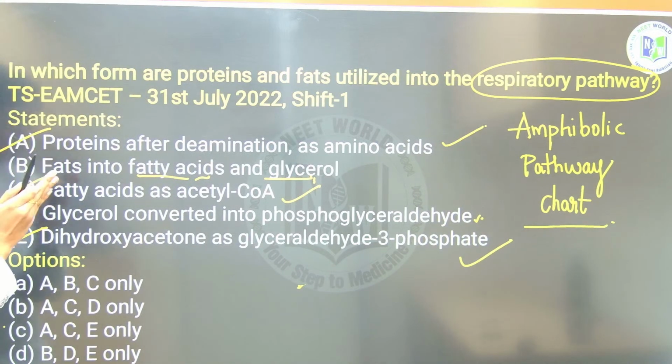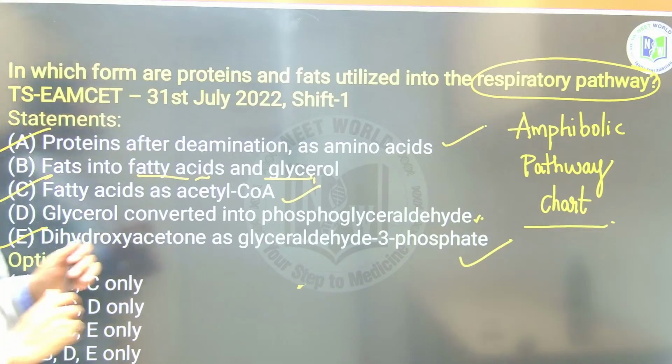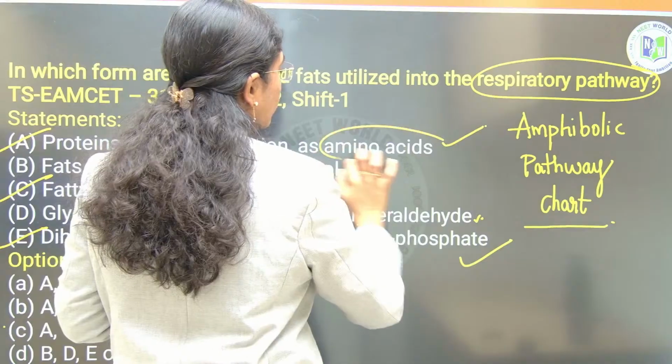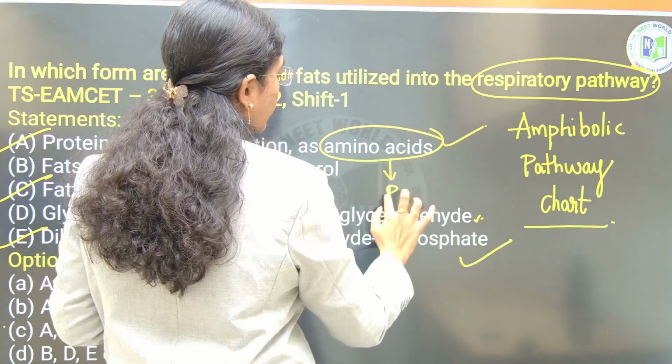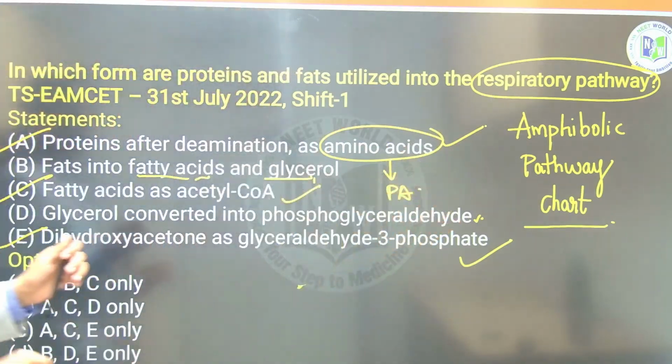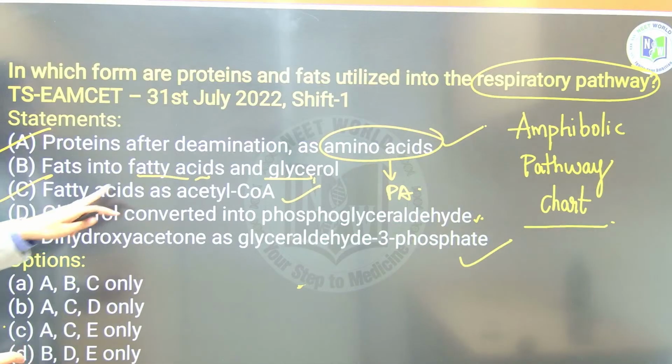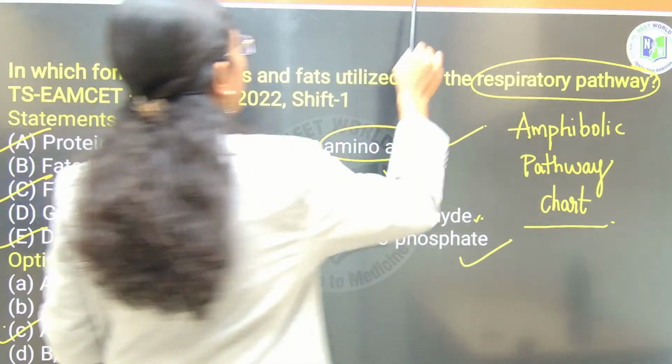These are the steps where they are entering into the respiratory pathway. Amino acids will be directed as pyruvic acid in the amphibolic pathway, fatty acids as acetyl-CoA and DHAP is isomerized to G3P. It is A, C, E. Option C will be the right answer. Clear ma? Next question.